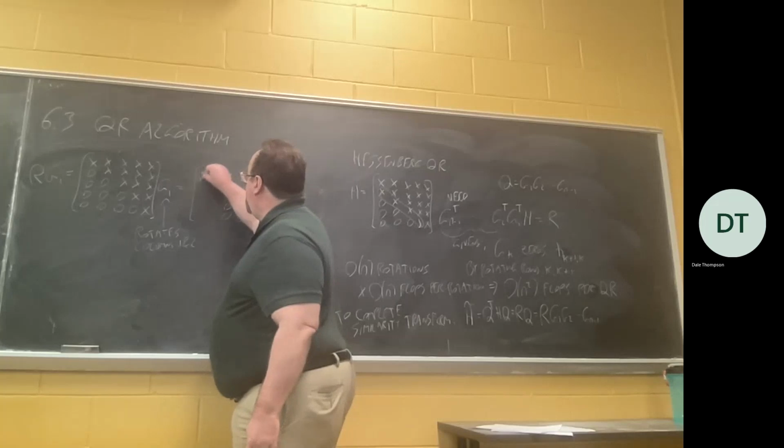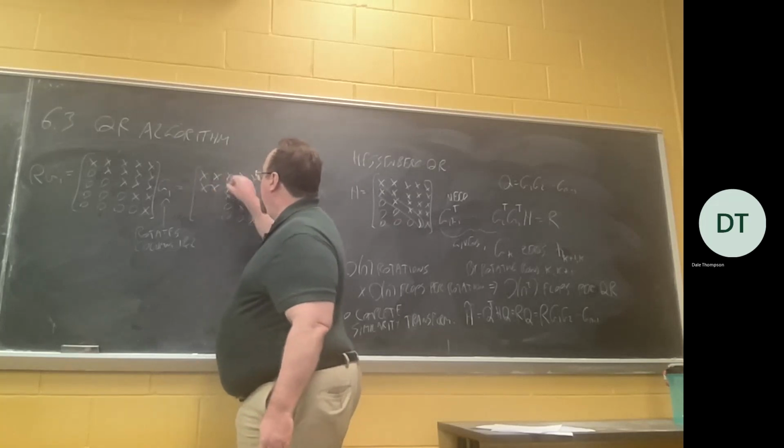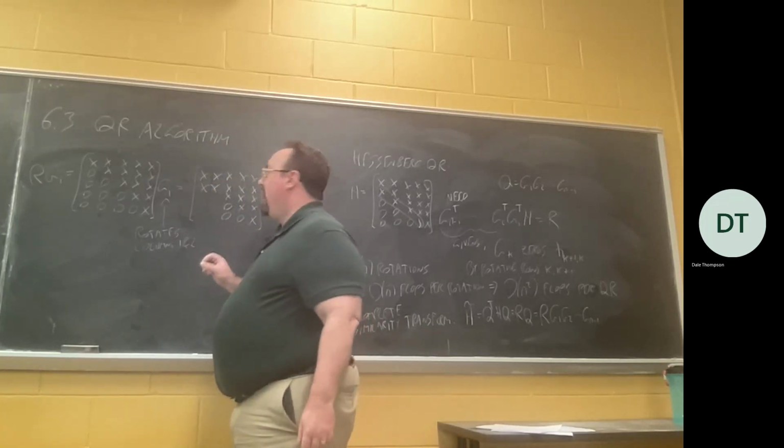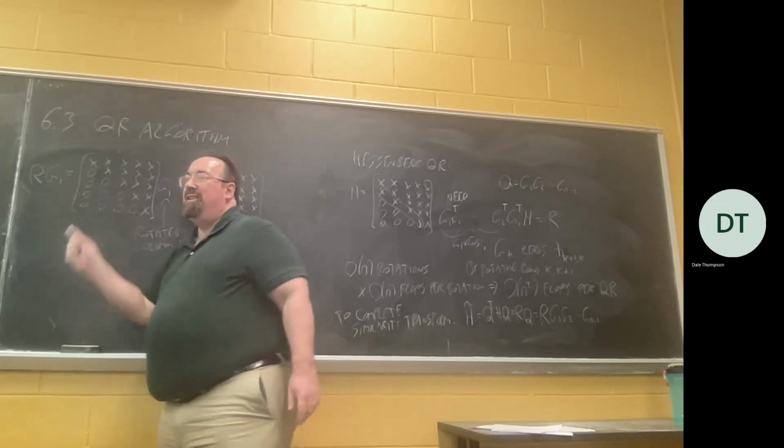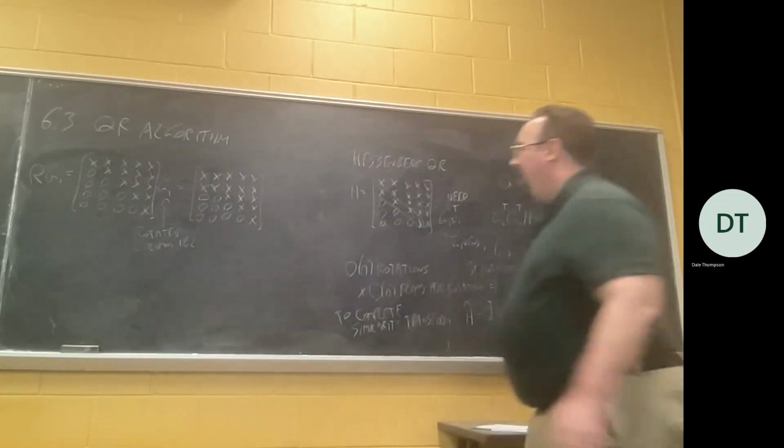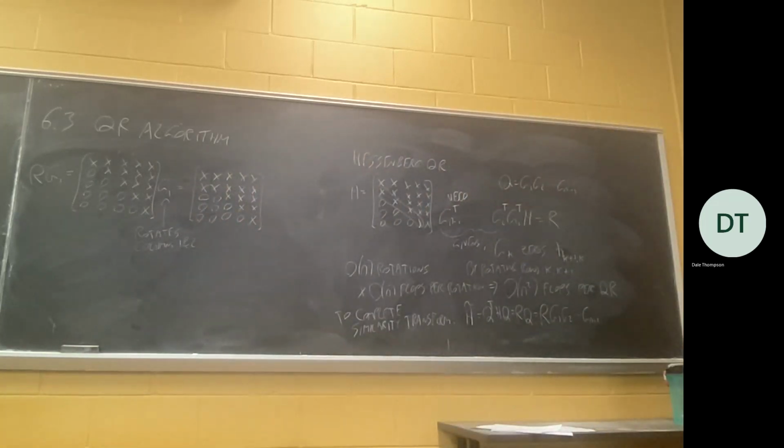Yeah, but the first 2 entries will almost certainly be non-zero. But everything below that has to still be 0 because you're rotating zeros, or taking their combination of zeros. And that's okay, because that matrix is still Hessenberg.